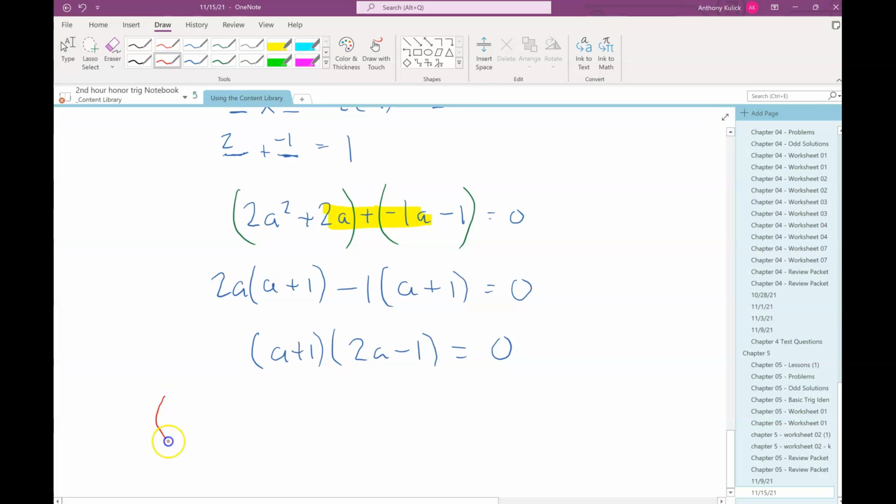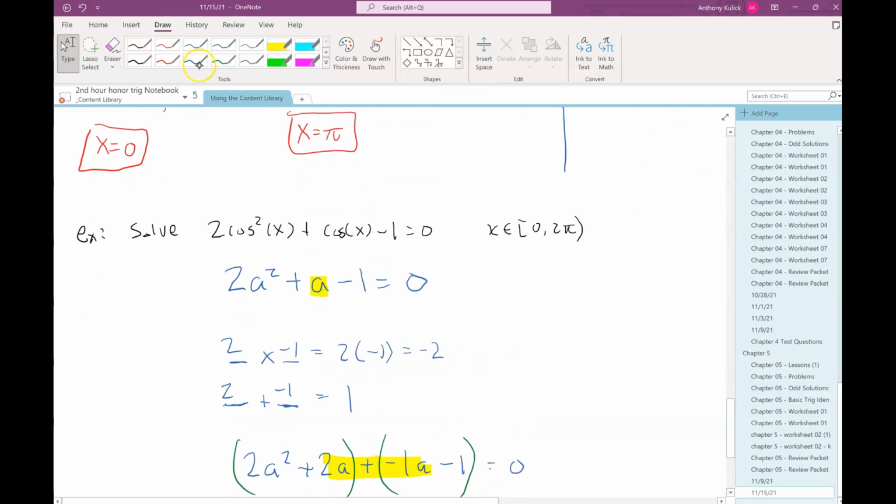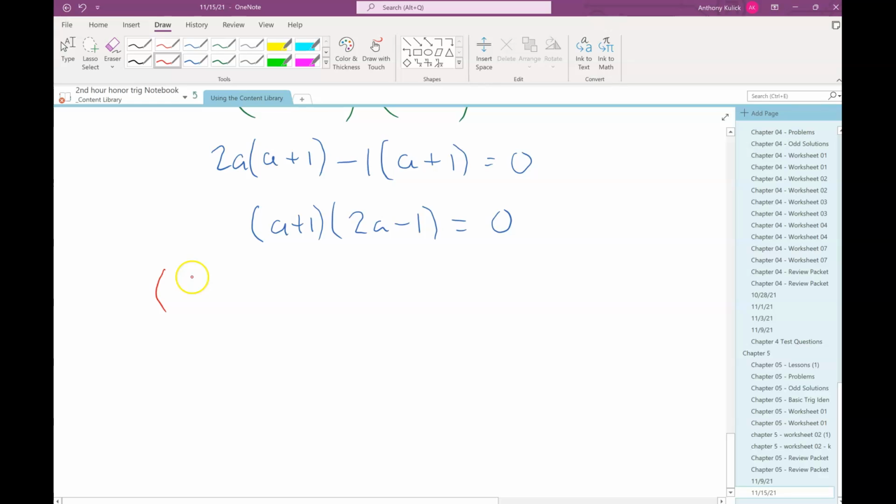So if we go back to our original problem, notice that I just had replaced my cosine x's with a's, right? So if we go back here, we're going to have cosine x plus 1 times 2 cosine x minus 1 equal to 0.